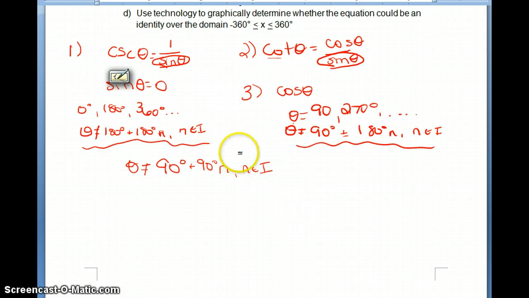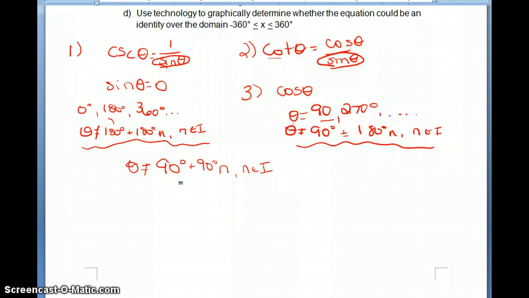If we add 90, we'll get 180, which is this one right here. 90 itself will be with your cosine of theta, and so on. So we should be familiar by now how to make a generalized solution for that. Just remember your non-permissible values are where your values of either equation will be undefined.